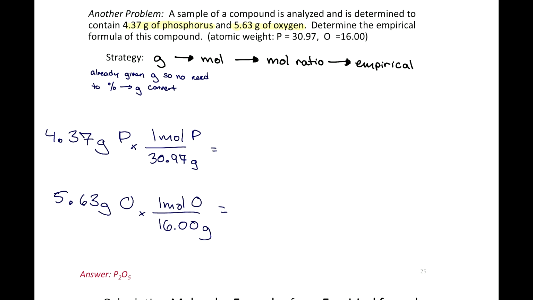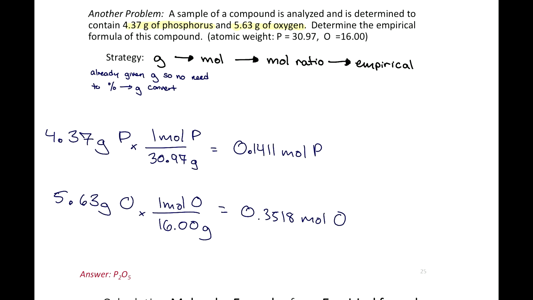So this sample has 0.1411 moles of phosphorus present and 0.3518 moles of oxygen. In this math, sig figs don't really matter because we're going to end up trying to get a whole number. So just give yourself enough decimal places here. 3 or 4 is probably sufficient to figure out what that whole number ratio is.